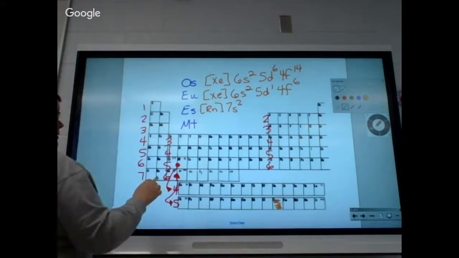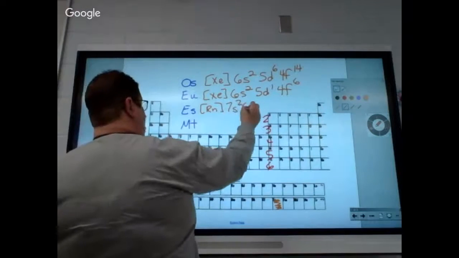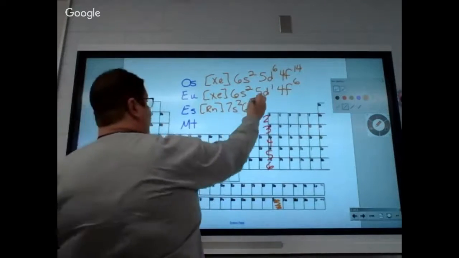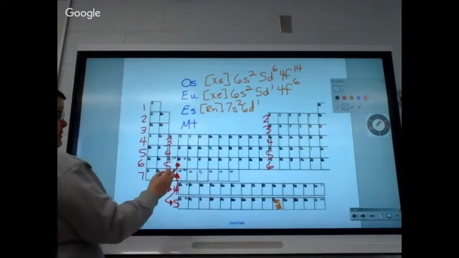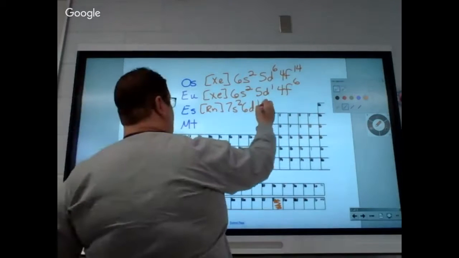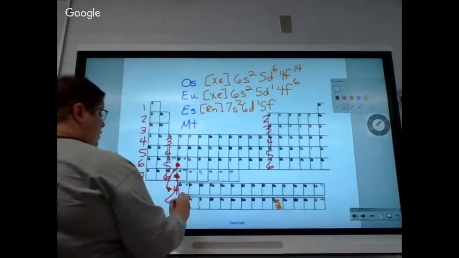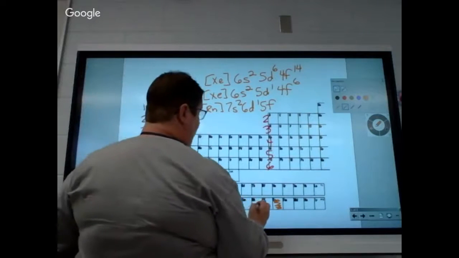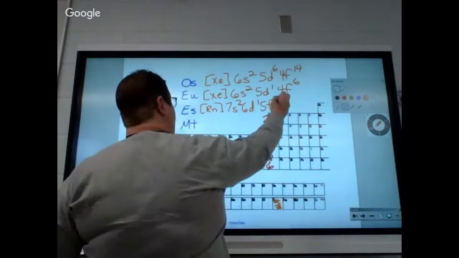What next? 6D, how many? 1. We hit the triangle. Where's the triangle send us? Way down to the bottom. What's that bottom? 5F, how many? 10. 1, 2, 3, 4, 5, 6, 7, 8, 9, 10. Yes, I agree. 5F10.